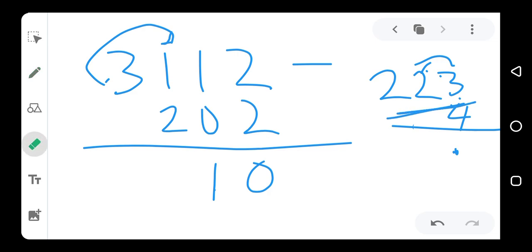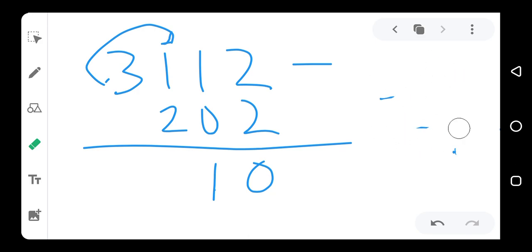But here, we are working with base 4. So anything we borrow from this number, if we bring it to this side, we call it 4. That base we are working with. So it becomes 1 plus 4, which is now 5.